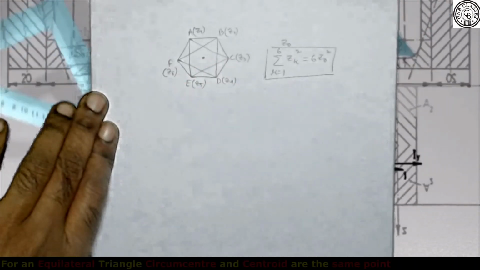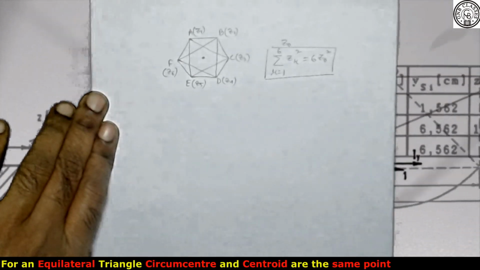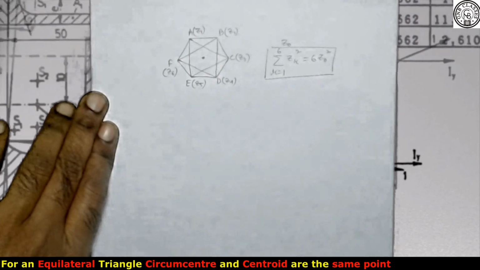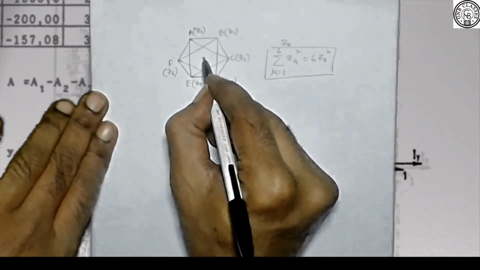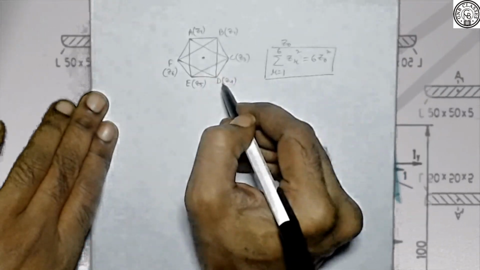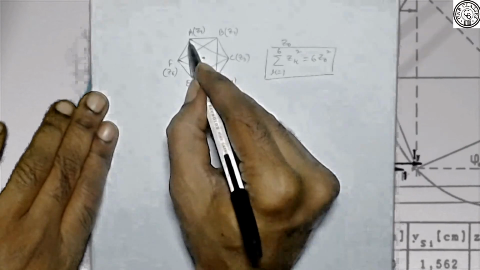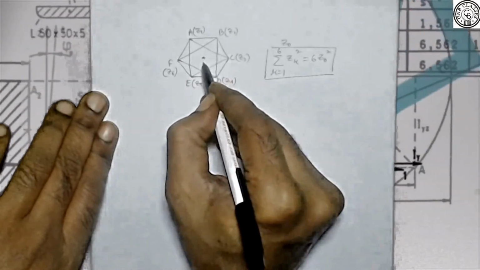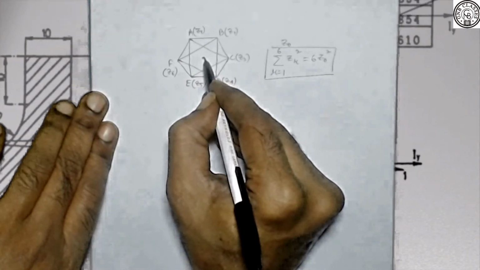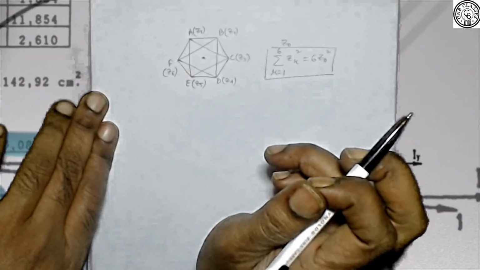Now, we all know that circumcenter and centroid are the same point for an equilateral triangle. Therefore, this point, which is the centroid of the triangle BFD, is the same as the centroid of the triangle AEC, is the same as the circumcenter of the regular hexagon ABCDEF.